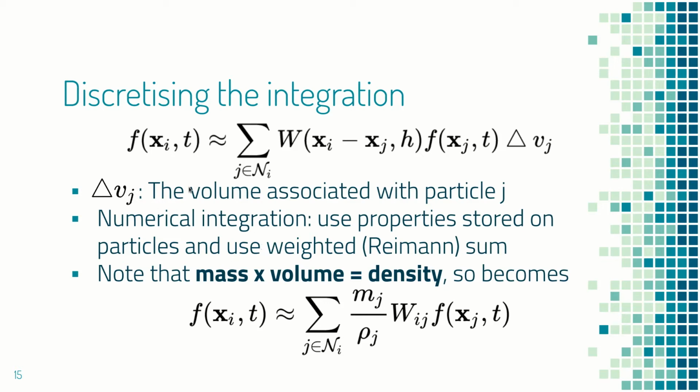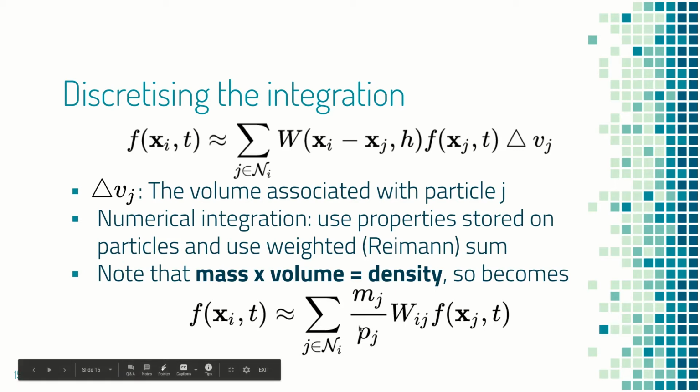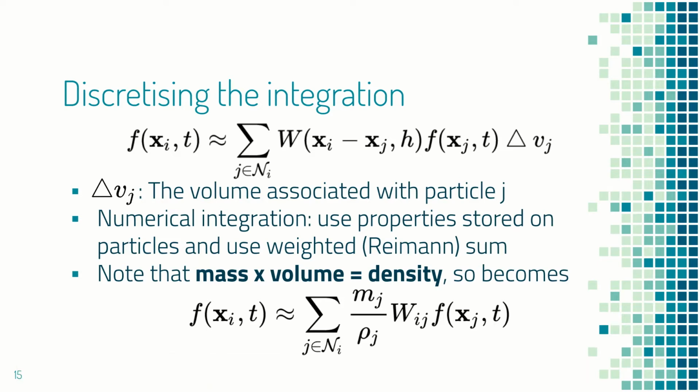Okay, so the volume term here, we can use the principle that mass times volume is density, and replace the volume term with mass over density, which gives you the general form of the SPH weighted numerical integration.